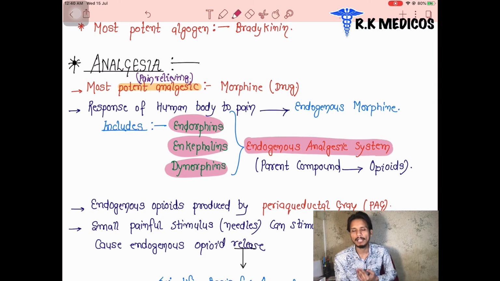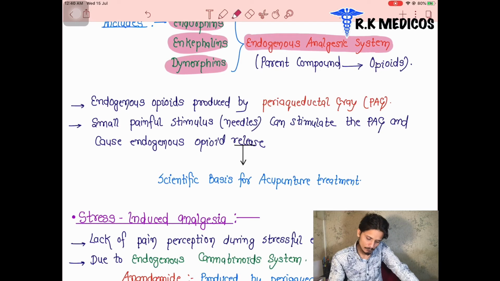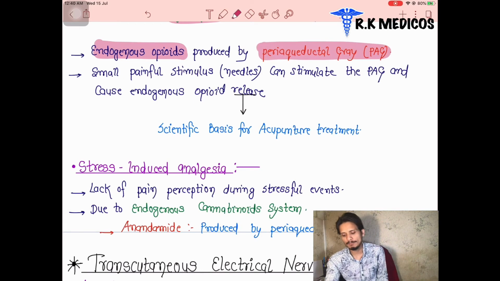These are all endogenous because they are produced inside our body. The next point: the endogenous opioids are produced by the periaqueductal gray matter. Gray matter, as you know now, is the collection of cell bodies in the central nervous system, and white matter is the collection of axons in our central nervous system.